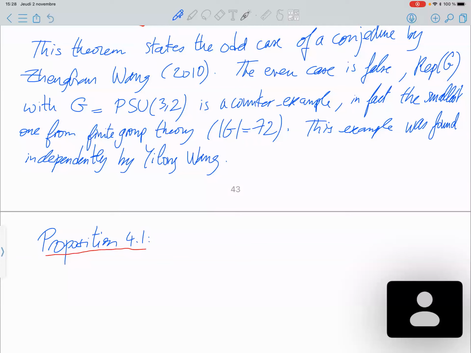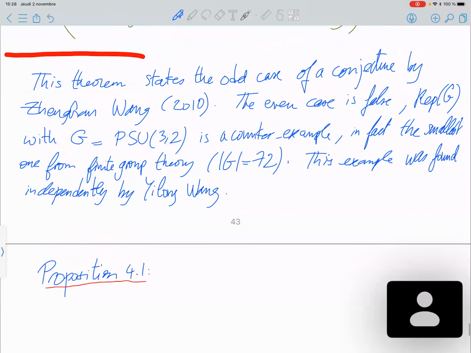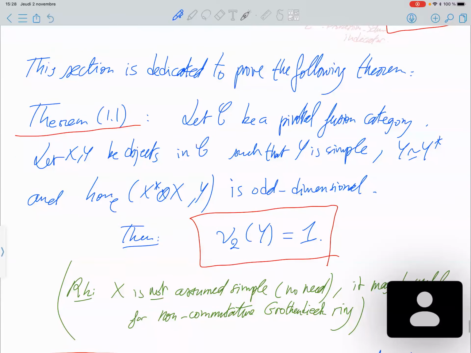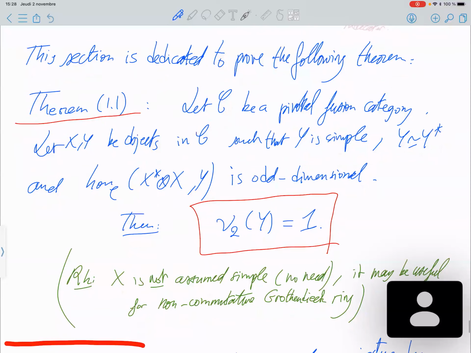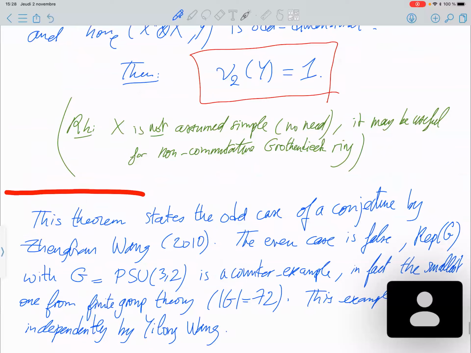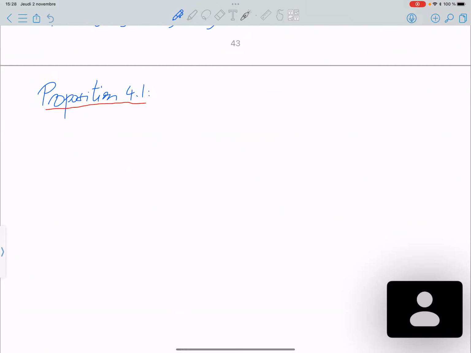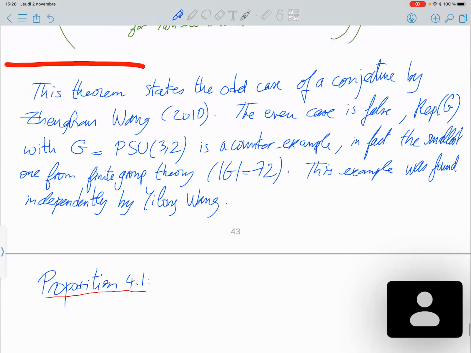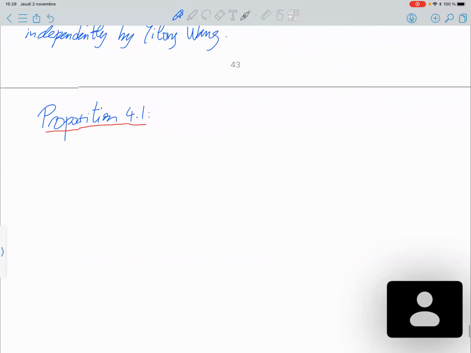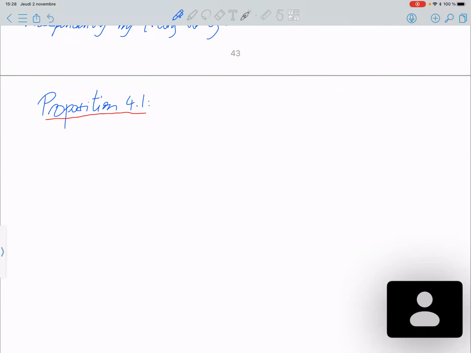Okay, so you see the theorem is for a pivotal fusion category. But we can prove some preparation proposition for a general pivotal monoidal category. So step by step, we will be closer and closer to this result. But we can state something at the level of monoidal category.